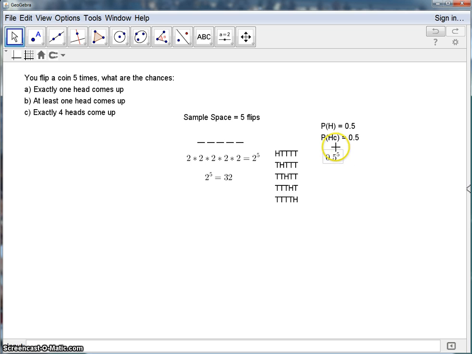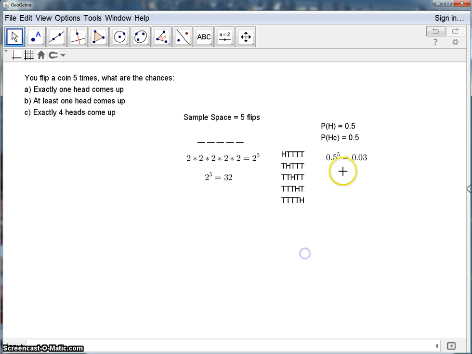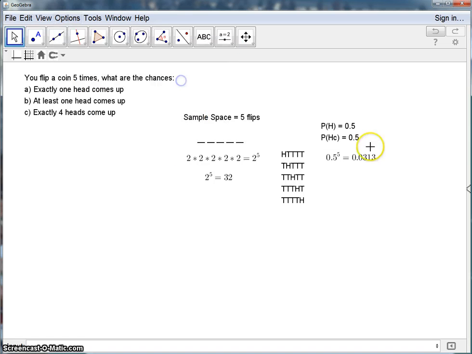So the probability that each one of these happens is 0.5 to the power of 5, which is 0.03125, to 4 decimals.